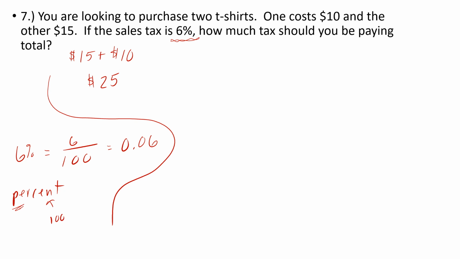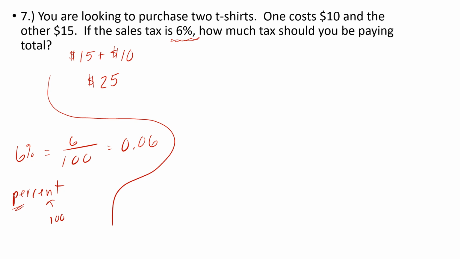Okay, so CENT means 100, as in century. There's 100 years in a century, or 100 cents in a dollar. So percent means out of 100. 6% means 6 out of 100. So you can always write it as a fraction, 6 over 100, or you can use the decimal.